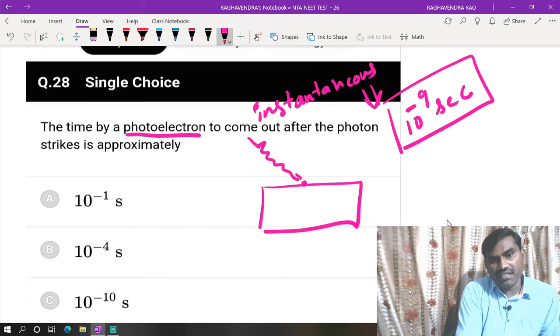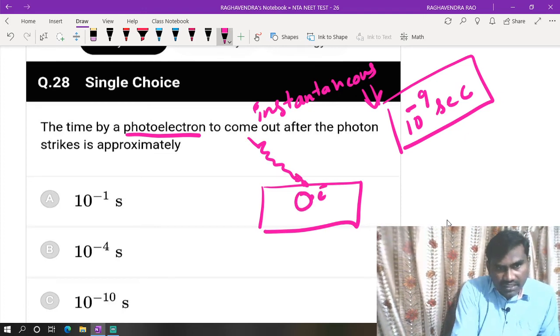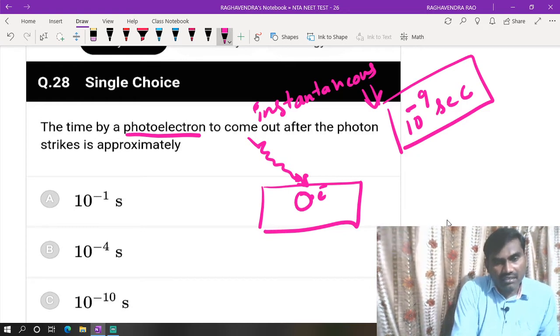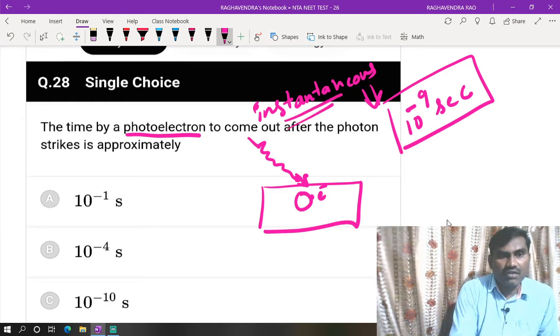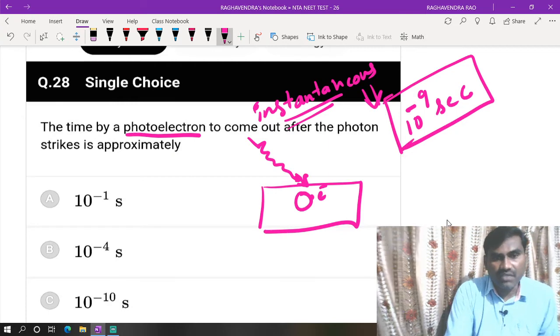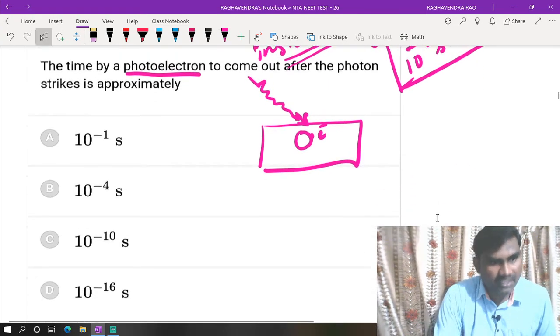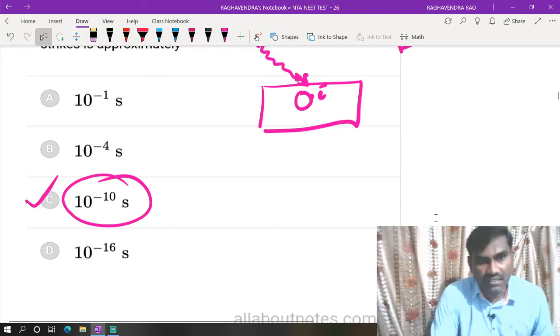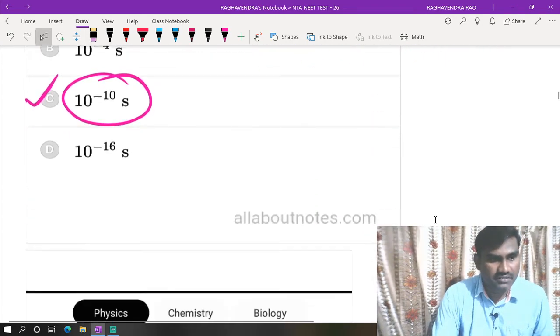If a photon is incident on this, there is an electron in the outermost orbit. Between the incidence of the photon and the emission of the electron, the time lag is very small. That is why we call the photoelectric effect an instantaneous process. It takes very little time, equal to 10 to the power of minus 9 seconds. Here they have given approximately 10 to the power of minus 10 seconds, but strictly speaking, it is 10 to the power of minus 9 seconds.